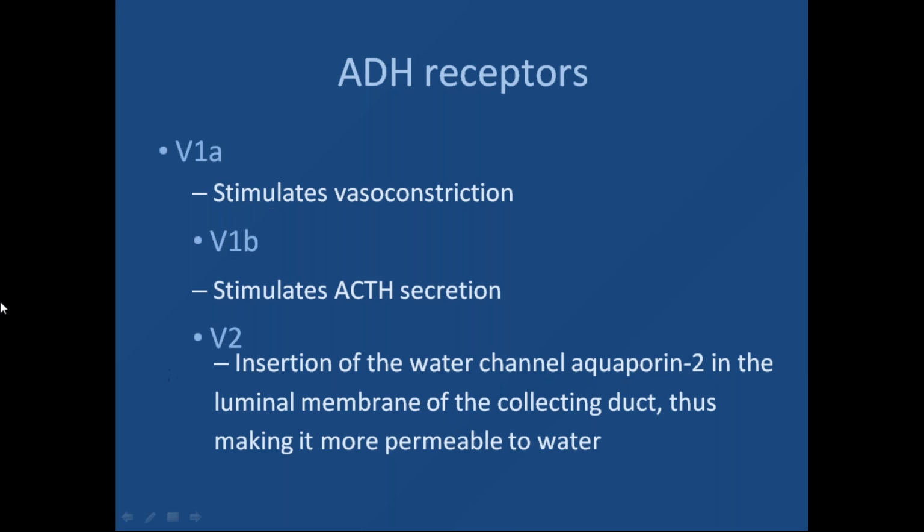What this means is, if the volume of the water and sodium in the body is normal, that means it is high, this ADH does not act on the collecting duct. ADH secretion will be decreased and it does not act on the collecting duct because there is increased water and sodium in the body. The collecting duct will not reabsorb, and the water and sodium will be excreted in the urine.